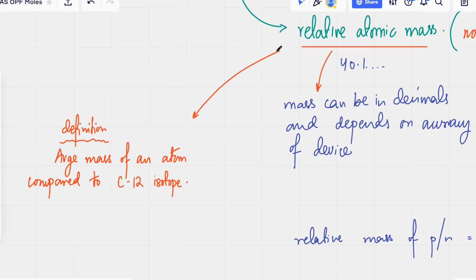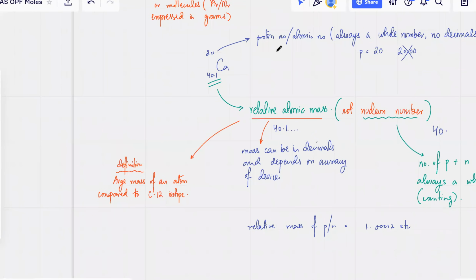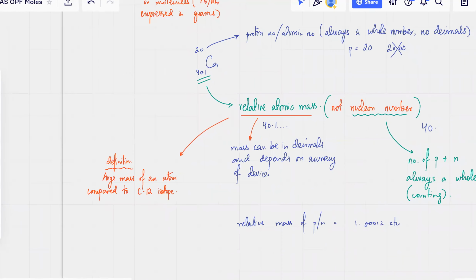So the second reason why it would be in decimals: why is it the average mass? Why don't all calcium atoms have exactly the same mass? Why do you need to take the average? The reason is that isotopes have different neutron numbers. The neutrons can go up, and you can have more neutrons. So that's why averaging has to be done. Every atom has isotopes, hence their masses vary.